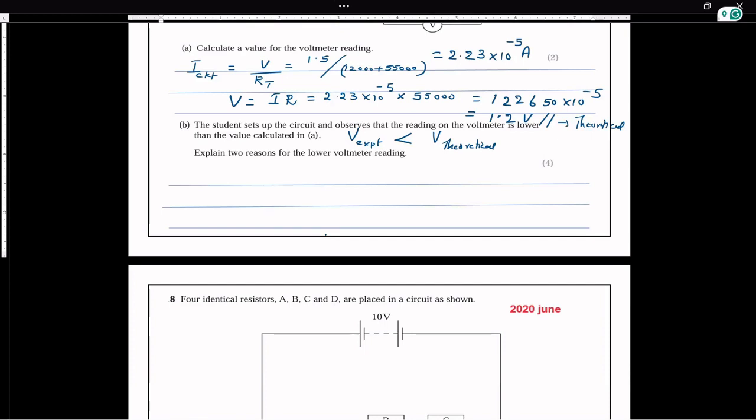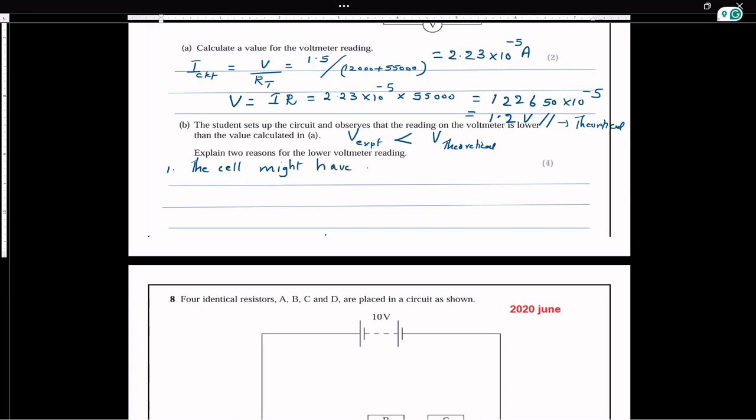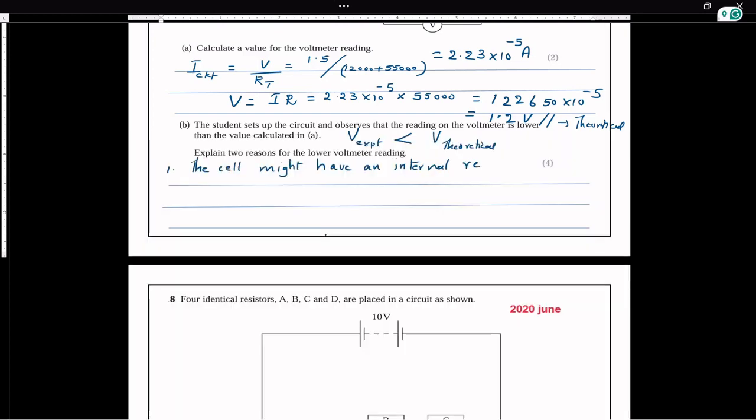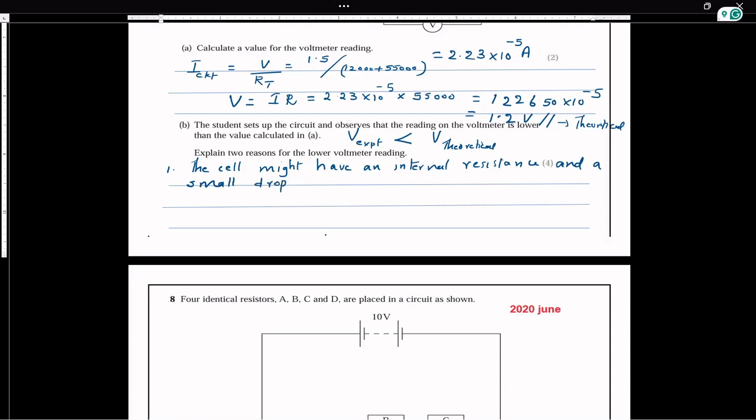Let us put it as an answer: the first one, the cell might have an internal resistance and a small drop in voltage in the internal resistance.